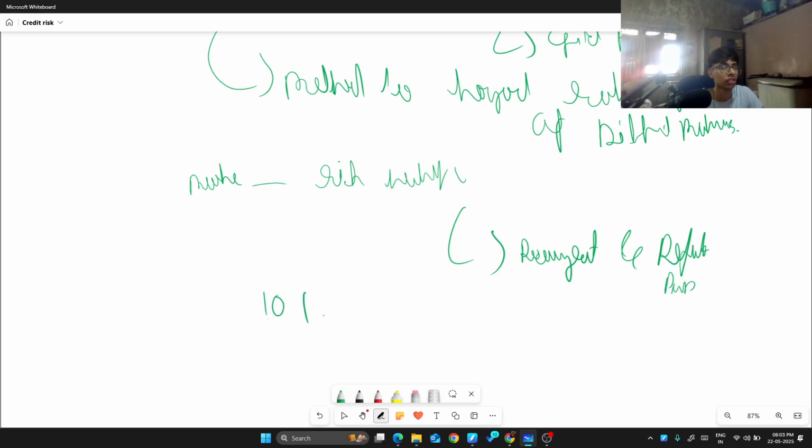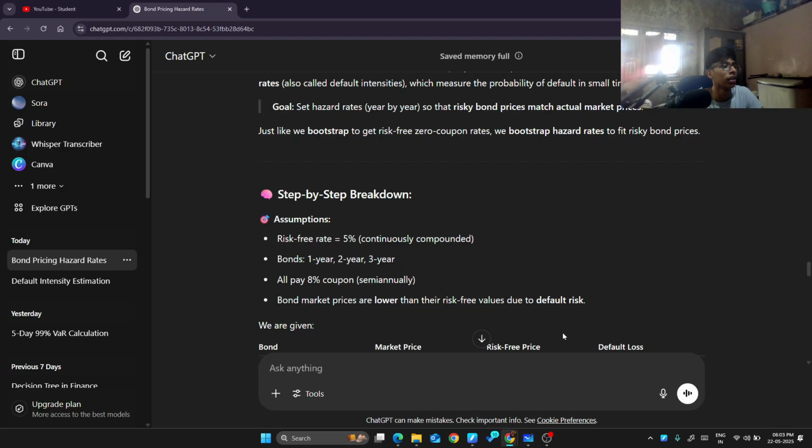Like the market price is 0.01 and the risk neutral price is 0.2. The difference between these is used to find the hazard rate.